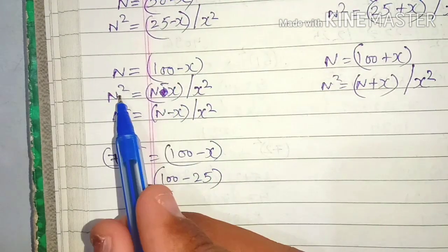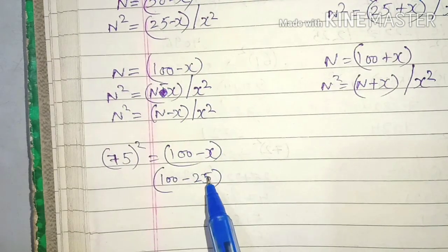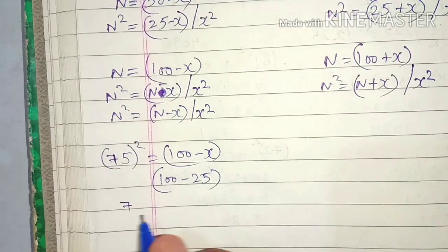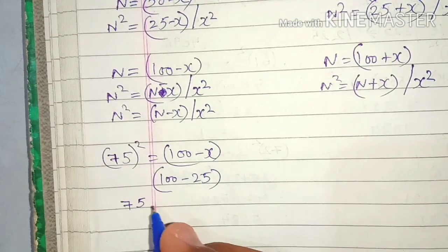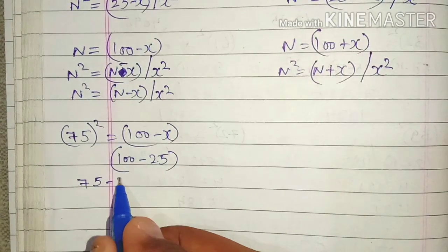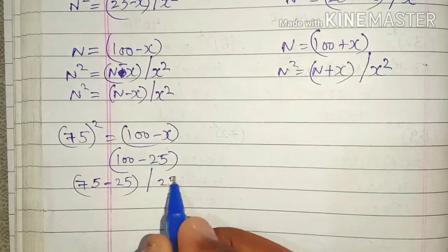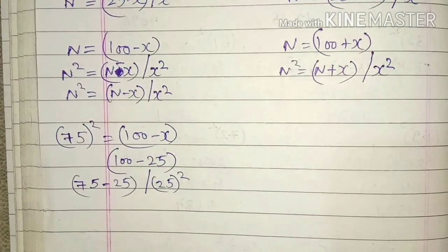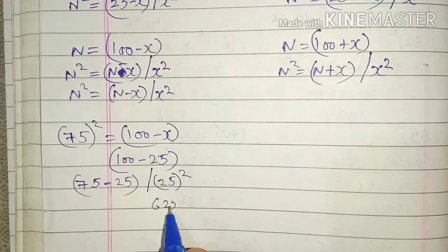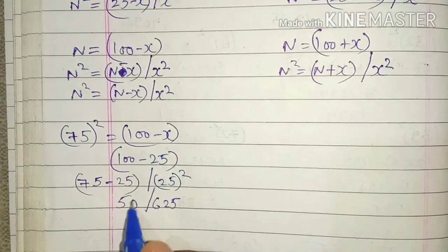The second step is to subtract the difference from the number, so we subtract 25 from 75, 75 minus 25, and on the other side the square of 25. As we have learned, the square of 25 is 625, and 75 minus 25 becomes 50.